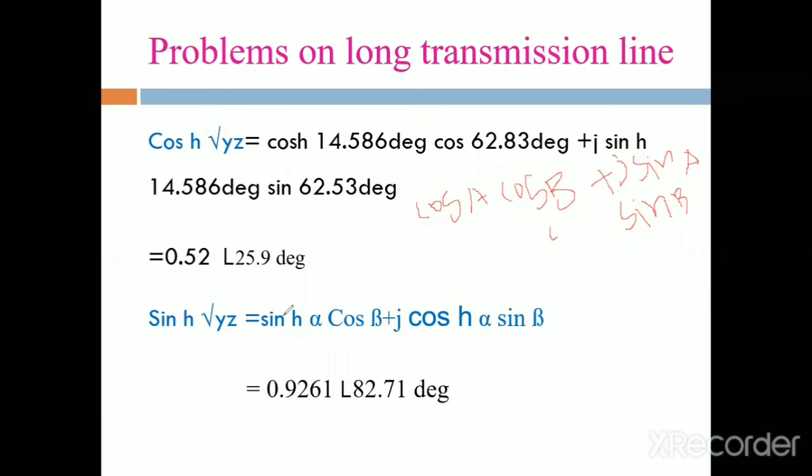The sin of a plus b formula: what is the formula for sin of a plus b? Sin a cos b plus j cos a sin b.